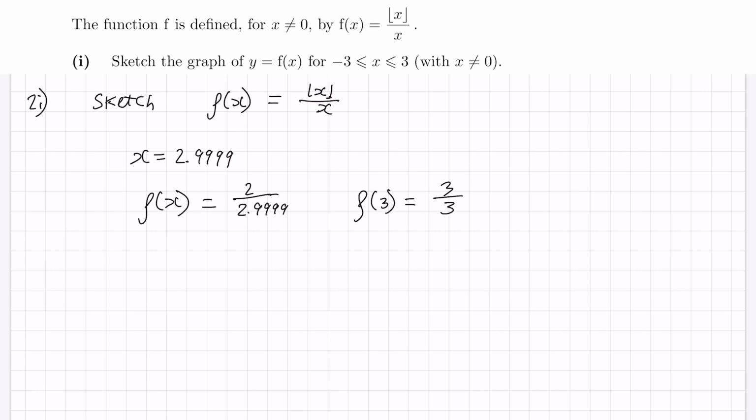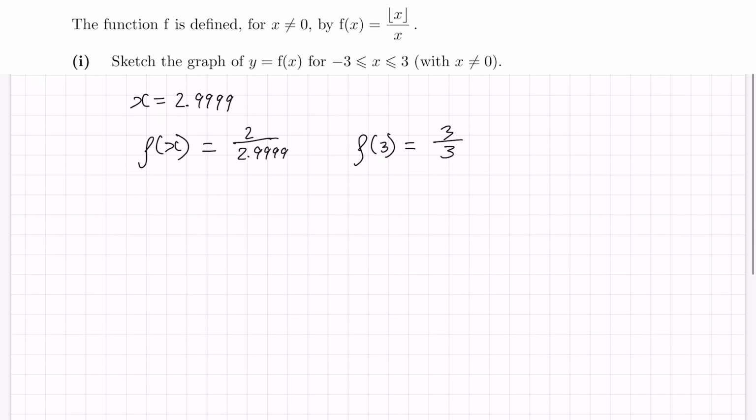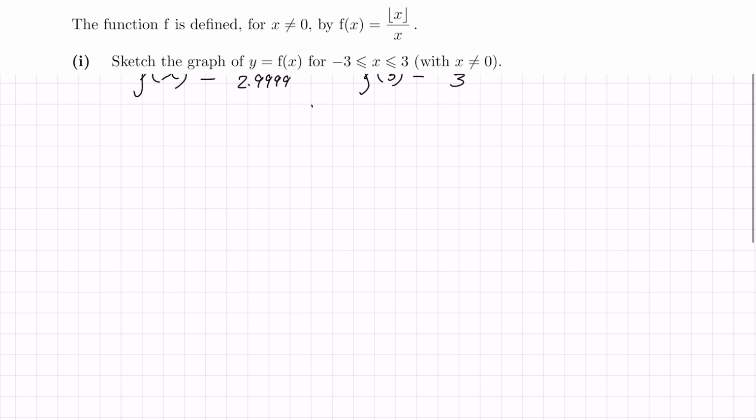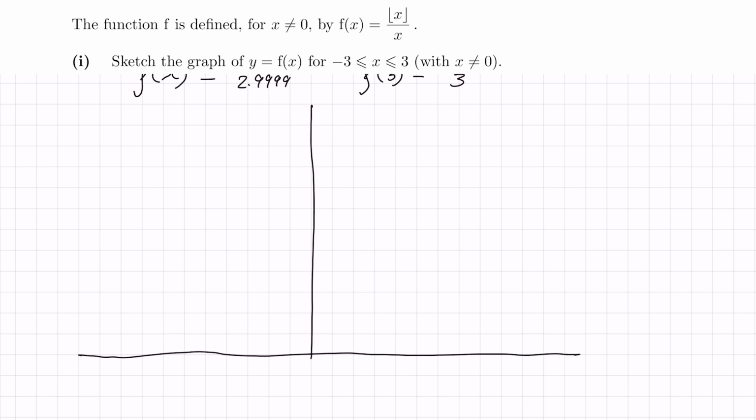So it's going to go from something not equal to 1 suddenly straight to something that equals 1. So I can think about sketching it like this. Just as a note, it's always going to be positive, because when x is negative, we can have a negative divided by a negative. So it's going to look something like this. Okay, so this is x along here, and this is f of x.